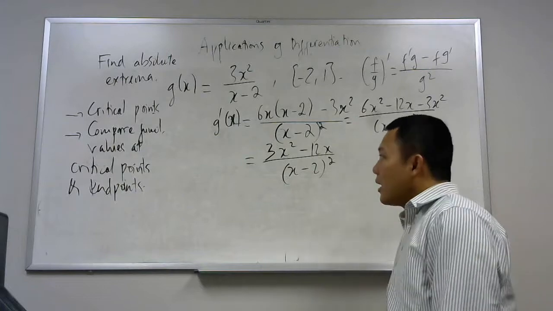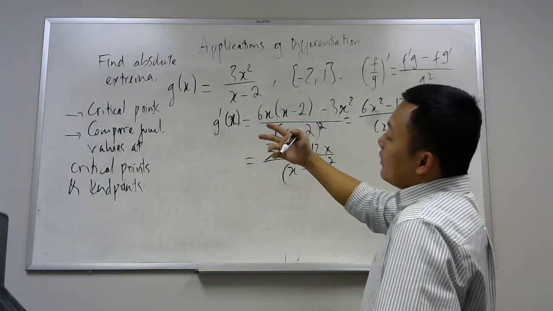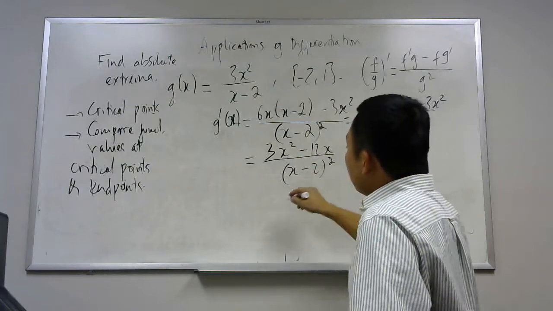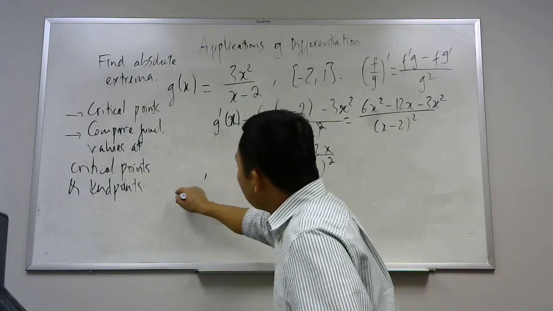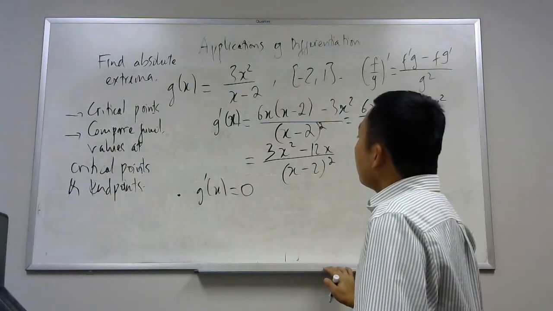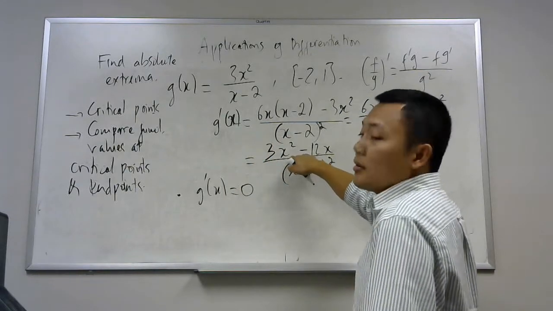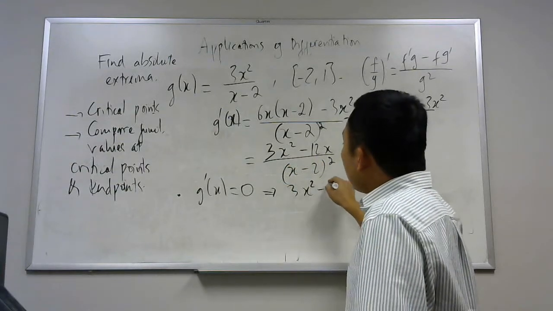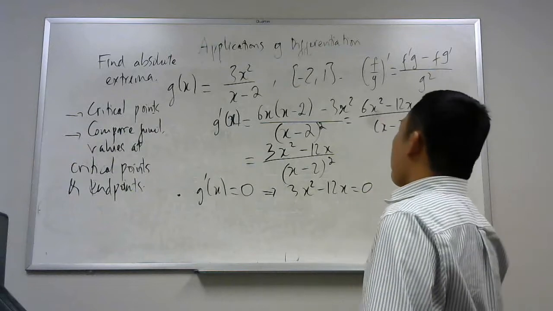Now we have two cases. The first case is when the derivative equals 0. That means I set g prime equal to 0, which is equivalent to the top being equal to 0. So I have 3x squared minus 12x equal to 0.